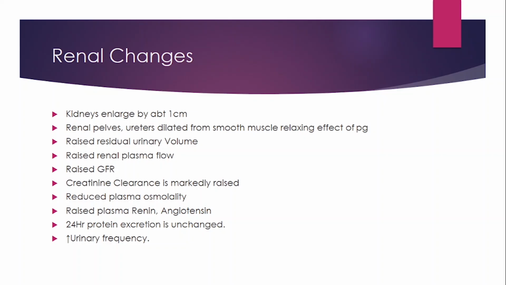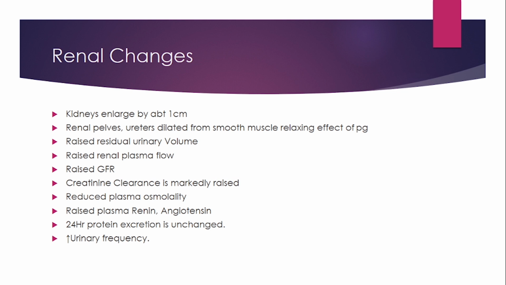Now also we have a raised residual urine volume. That is an increase in renal plasma flow. We have a raised glomerular filtration rate, and the creatinine clearance is also markedly elevated in pregnancy. We have reduced plasma osmolality, that is a raised plasma renin angiotensin.